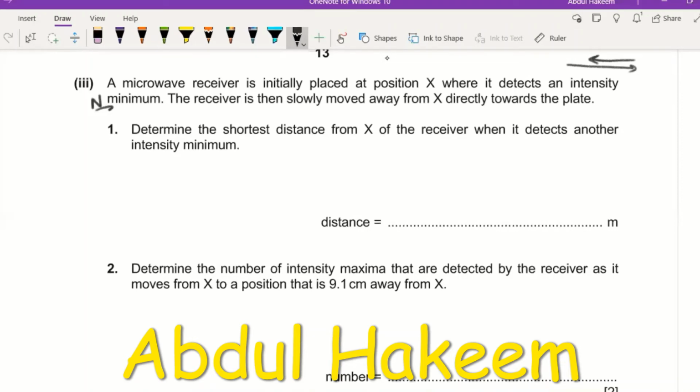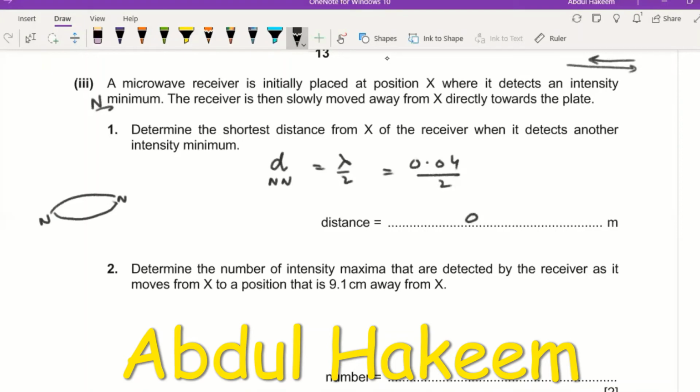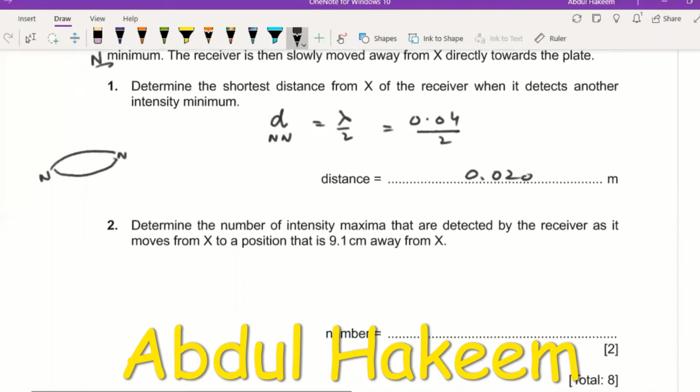Determine the shortest distance from X of the receiver when it detects another intensity minimum. The shortest distance mean the distance between two nodes is required. Now the distance between two nodes is equal to lambda by 2. And the lambda was given 0.04 divided by 2. So it is 0.020 meter. This is the distance, half of the wavelength.